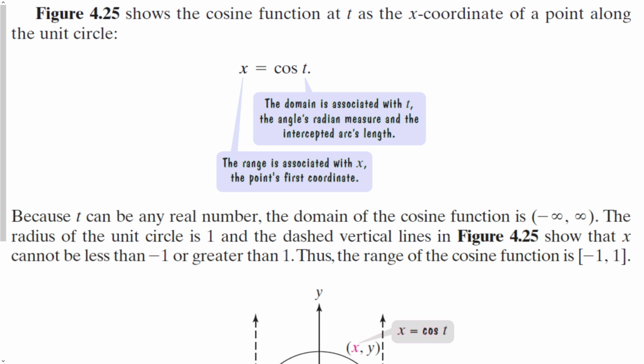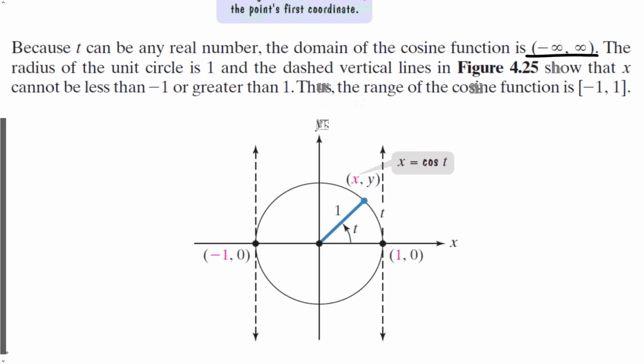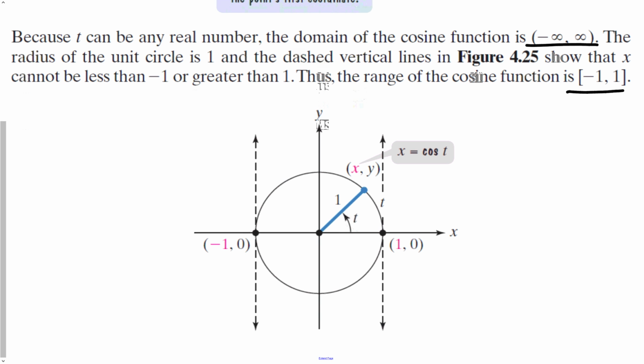Okay, same for cosine. Cosine, the domain is still negative infinity to positive infinity. Remember, this is the angle, this is the x coordinate, and the range is still negative 1 to positive 1, but not because it's the highest, because this function, the biggest number I could get as an output is 1. The smallest number I can get as an output is negative 1. Left and right.